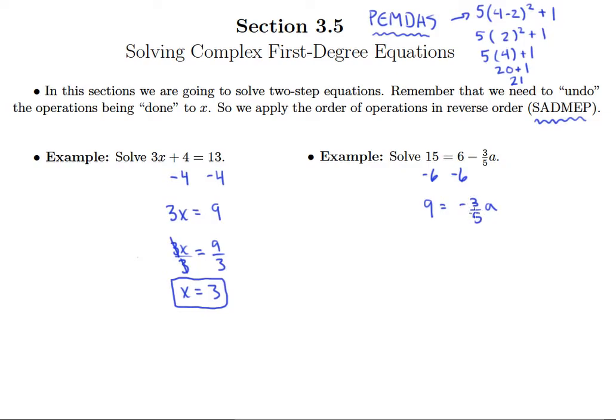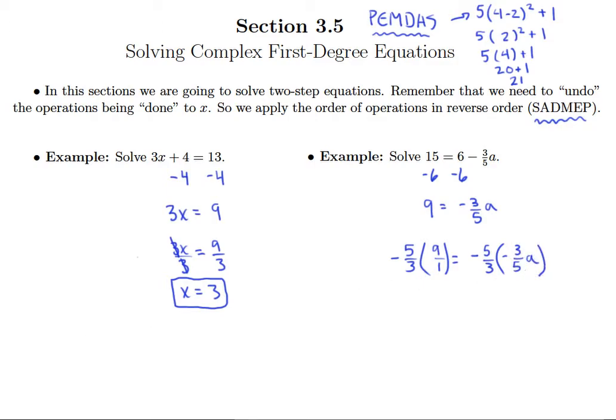And then I know I can get rid of negative 3/5 a by multiplying both sides by its reciprocal, or flip. So the reciprocal of negative 3/5 is negative 5/3. And since I'm multiplying 9 by a fraction, I'll make that 9 over 1. Okay. And I'll do the same thing over here. Negative 5/3 times negative 3/5 a.